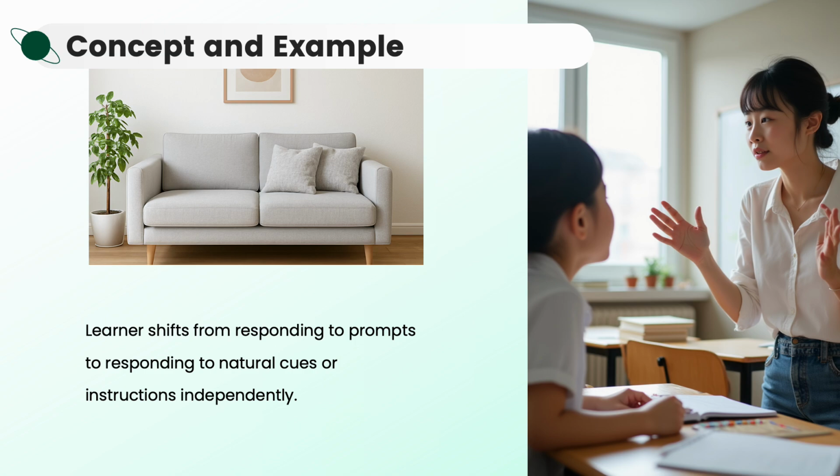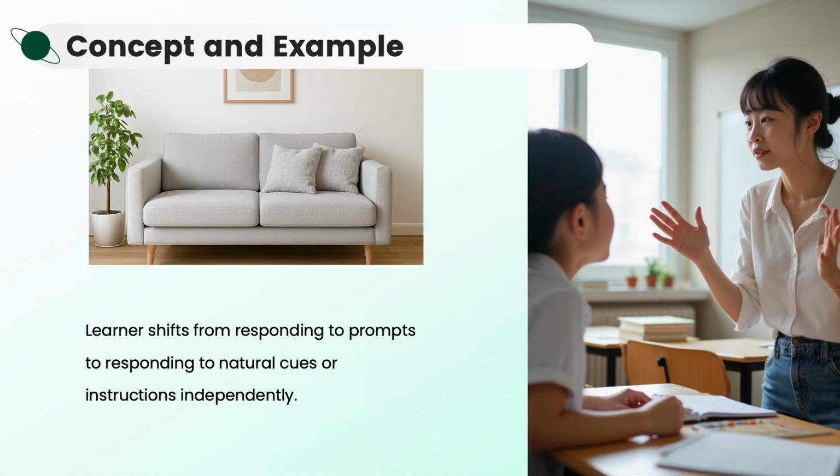Now let's connect this to your day-to-day work. You might notice things like a learner waiting and looking at you before responding, a learner only responding after you repeat the instruction, a learner relying on the same type of prompt every time. These are all signs that stimulus control has not fully transferred yet, and that's your cue to adjust.